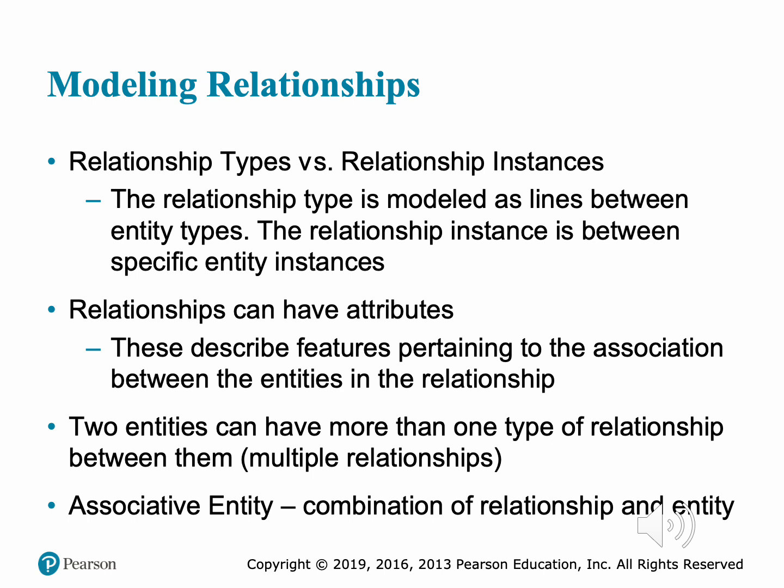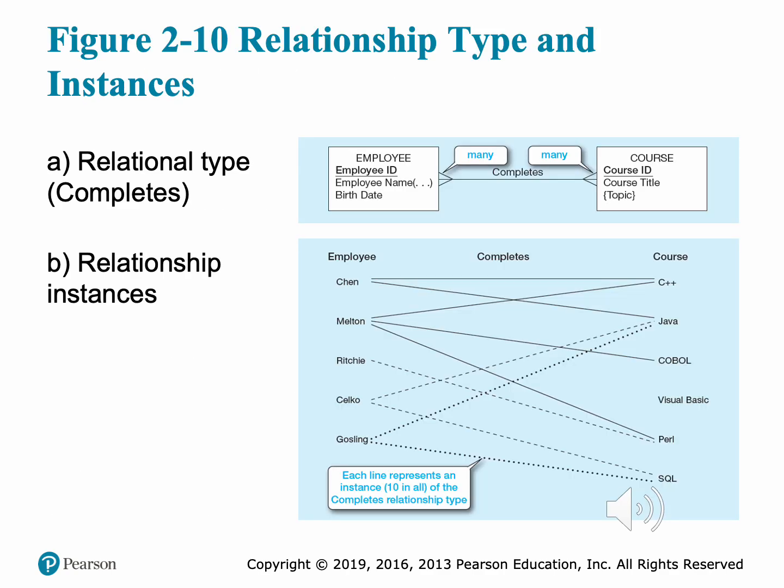Two entities can have more than one type of relationship between them. That's also called multiple relationships. Associative entity: a combination of relationship and entity. We'll discuss that in a little bit more depth, on how to use it in database management systems.